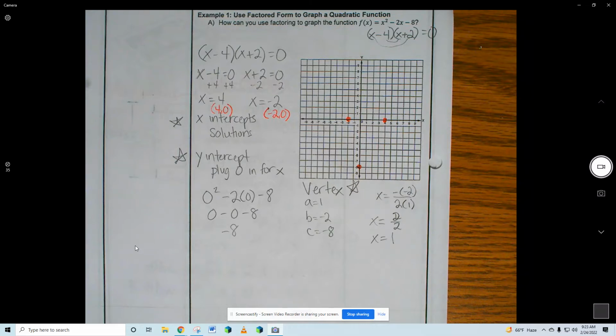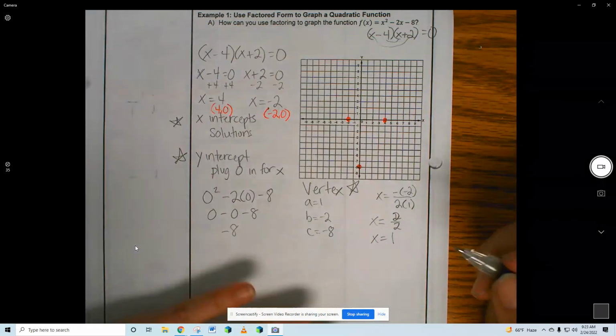Once I get this number, what do I do? Plug x into the equation. I plug this 1 back in because I want to find the y.